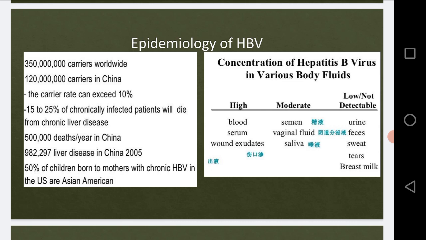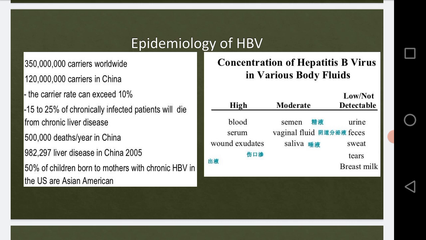Now, which body fluid will transmit the high concentration of the virus from one person to another? The high concentration body fluid will be the blood. Blood will contain more virus particles. Blood, then serum also the same, plus wound exudate. Then moderate concentration of the virus will be present in semen, vaginal fluid and saliva, in sexual transmission.